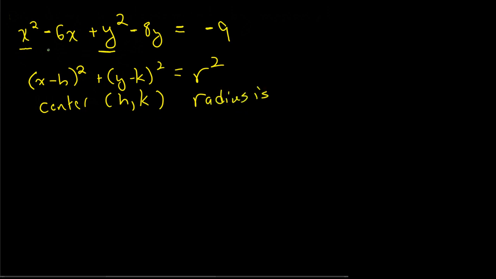So if I can convert this to look like this, I'll be in the place that I need to be. Now this is done by completing the square. We need to turn the y component into a perfect square and the x component into a perfect square.